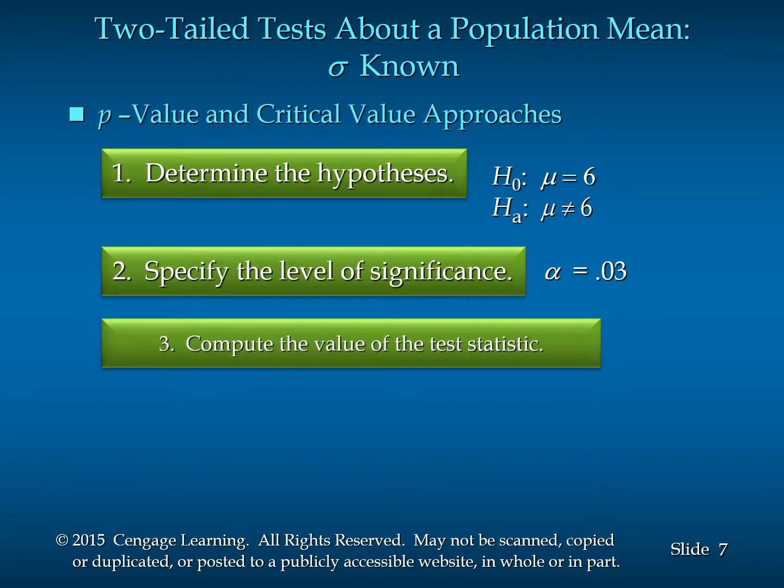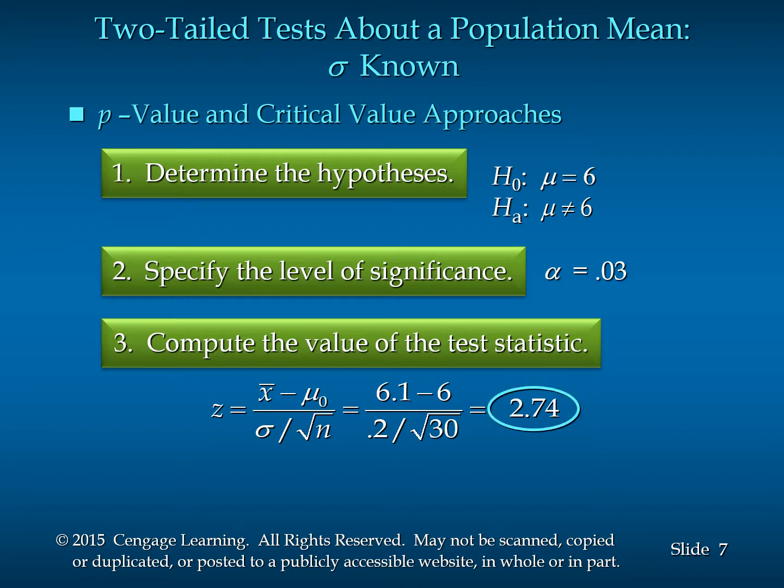We're working with a significance level of alpha 0.03. So to calculate the test statistic, we take the sample mean 6.1 minus our hypothesized mean of 6 and divide it by the standard error of the mean, which is sigma over the square root of n. We come with a z test value of 2.74.